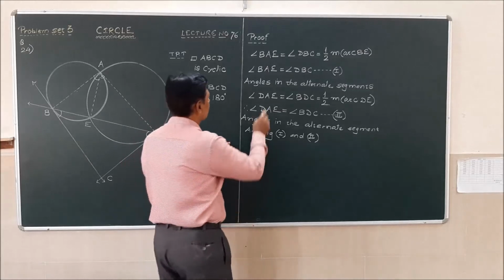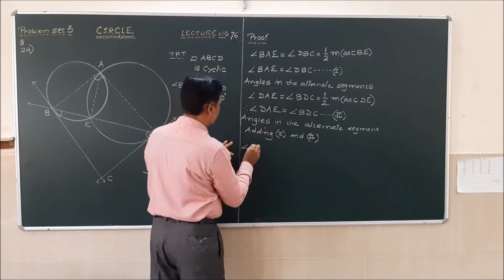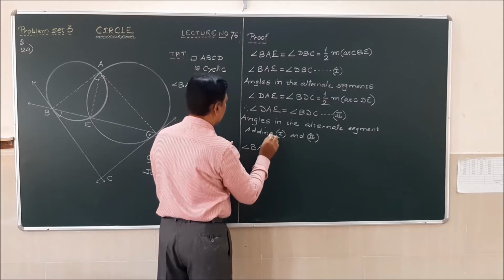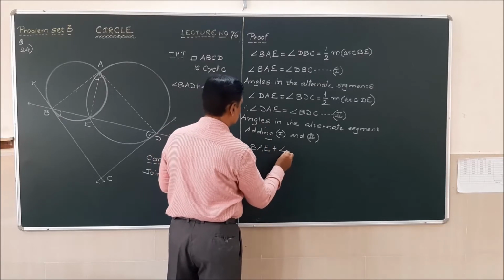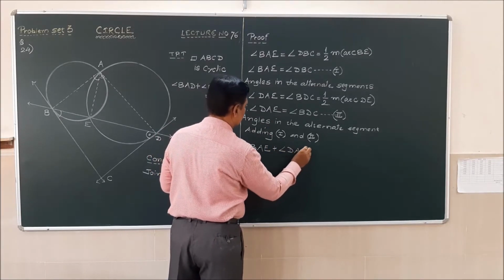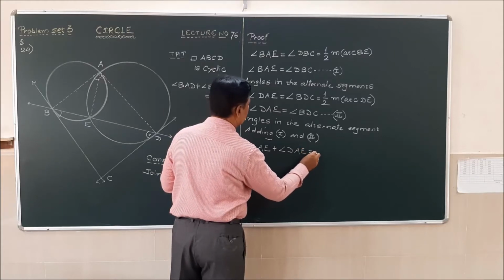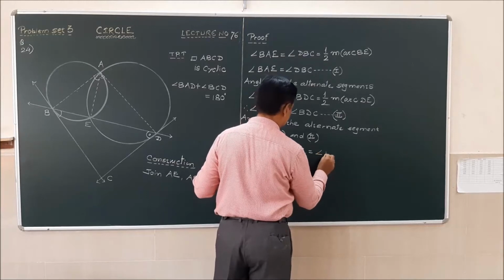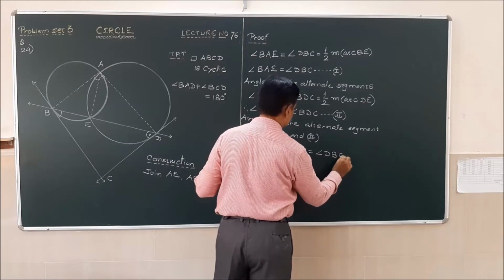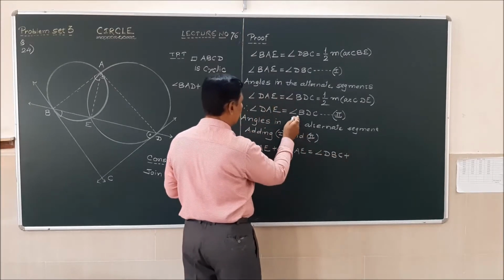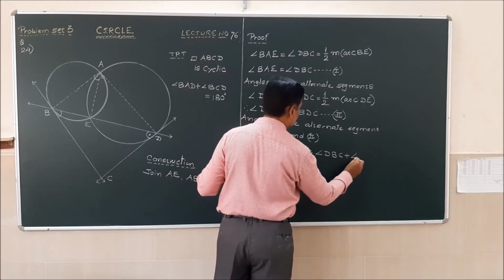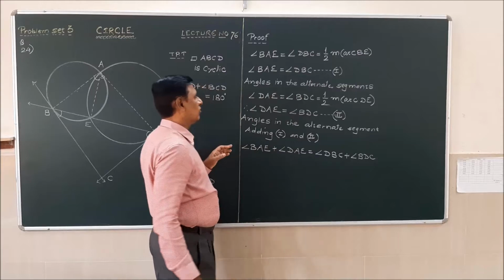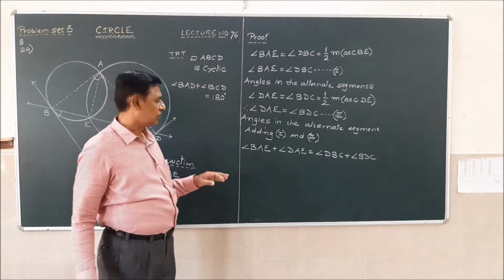So adding 1 and 2: left hand side of 1 plus left hand side of 2 is equal to angle DBC plus angle BDC, right hand side of 1 plus right hand side of 2.